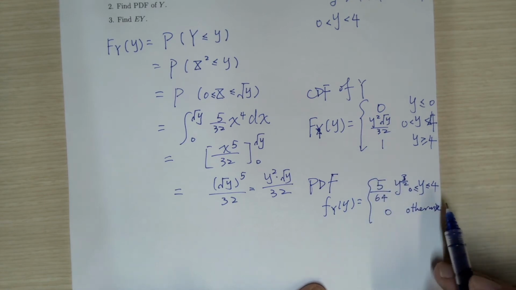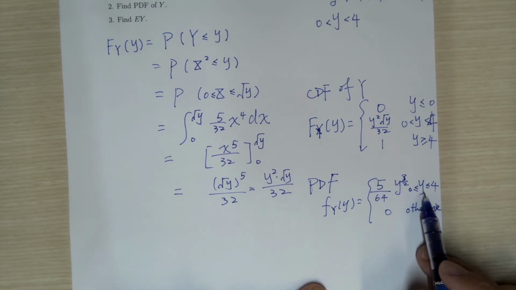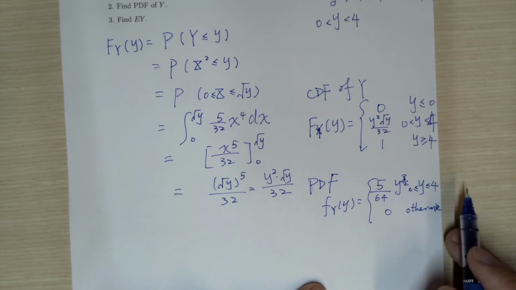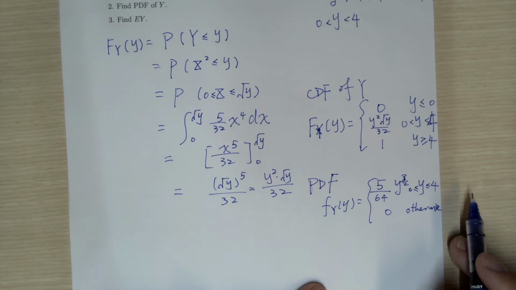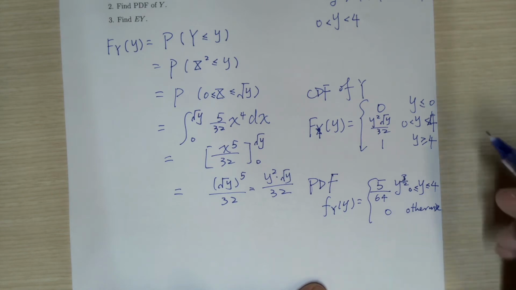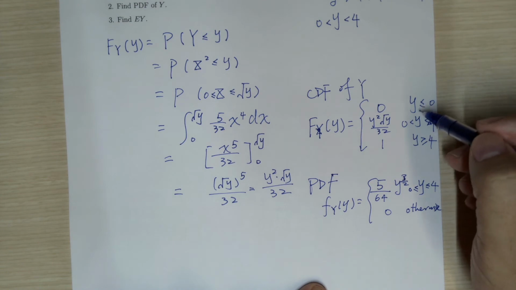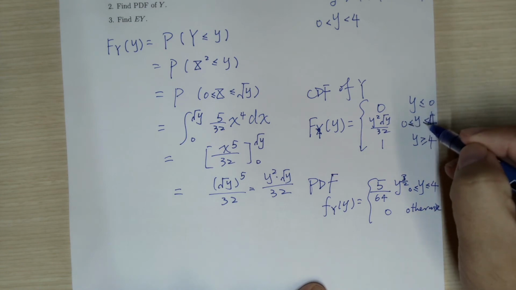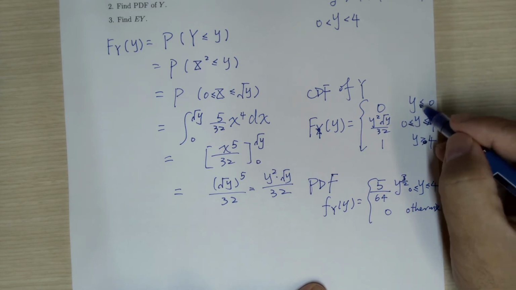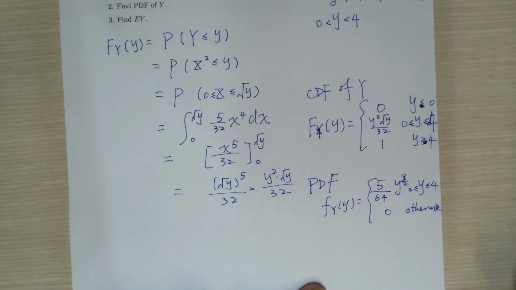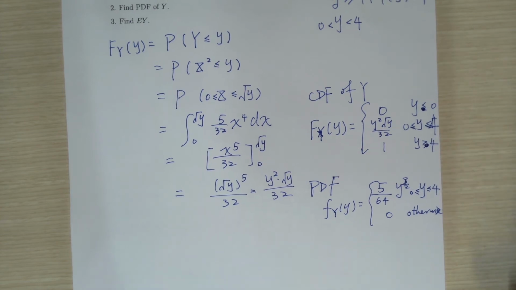You see here, guys, this inequality doesn't make that big difference. You can also put less or equal than 4 and greater or equal than 0. It won't hurt the result.